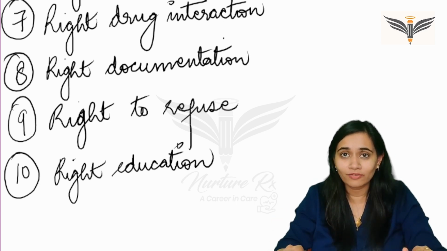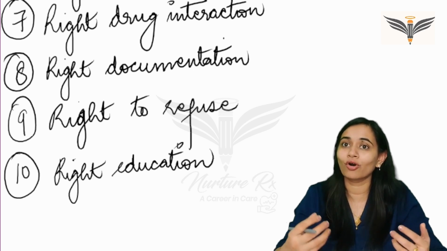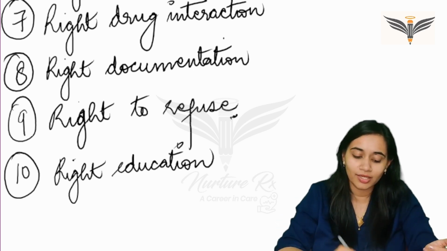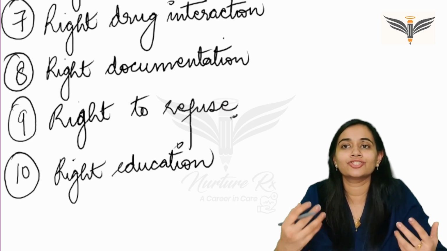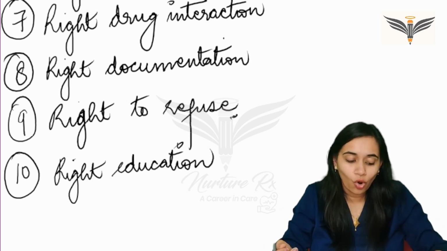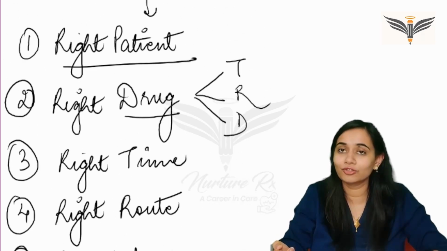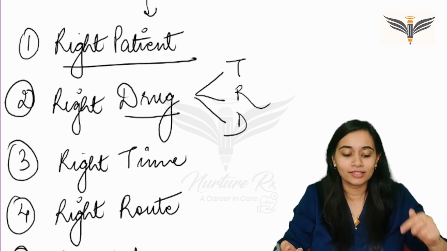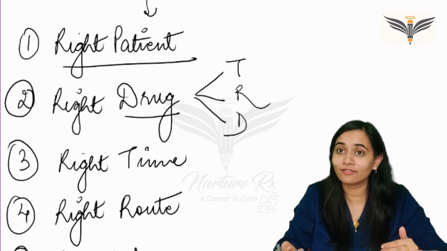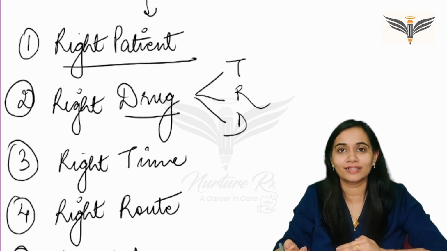Now knowing all of it, the patient can accept or refuse. So there your right to refuse comes. Okay. So whenever you are administering any drug to a patient, all these 10 things have to be followed. It should always be a checklist in your mind, and this should be done for each and every patient and each and every drug. Thank you.